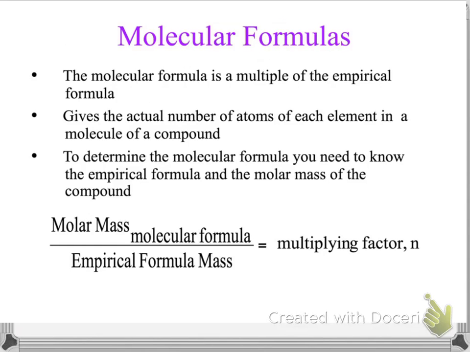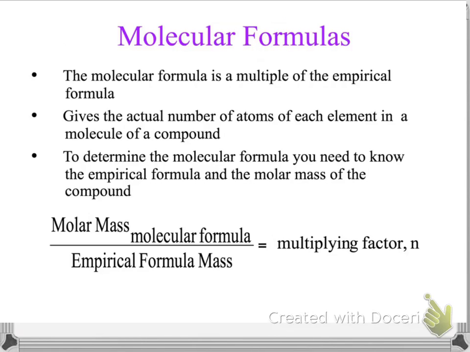Now, how do we go from there to get the molecular formula? And what is the molecular formula? Well, the molecular formula is a multiple of the empirical formula. And what it does is it actually presents to you the actual number of atoms of each element in a molecule or a compound. And to determine the molecular formula, we need to know the empirical formula and the molar mass of the compound.